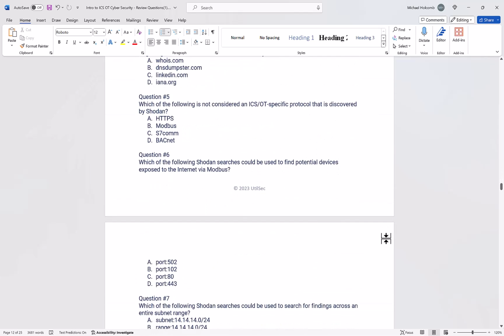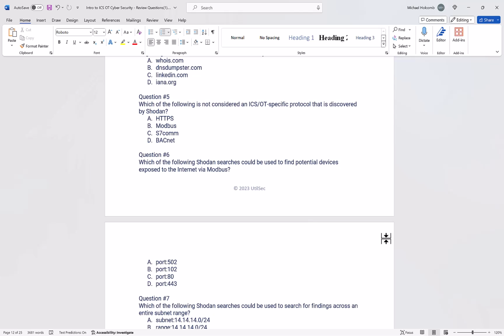Question 5. Which of the following is not considered an ICS OT specific protocol that is discovered by Shodan? So now that I think about this, it's not the greatest worded question, because it makes me think of one of the earlier questions we were talking about, ICS OT protocols.